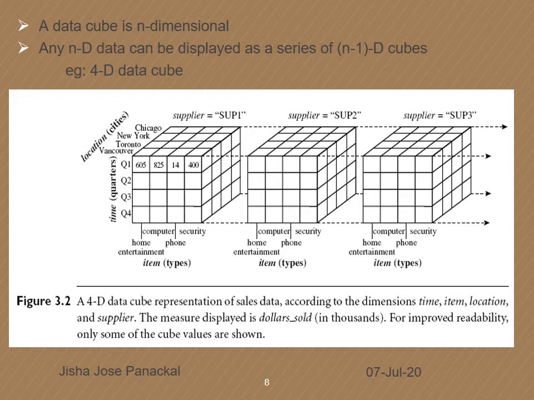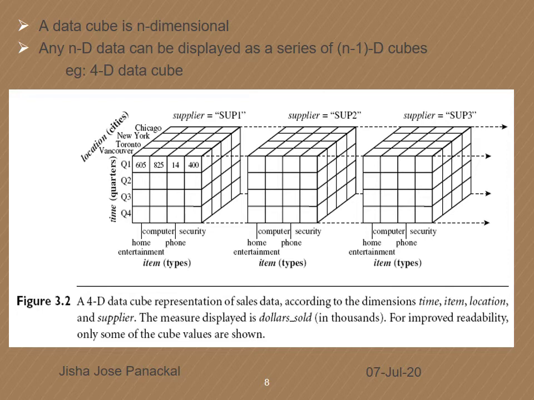For example, we are considering a 4-dimensional data cube, and this 4D data cube can be represented as a series of 3-dimensional data cubes. Here the same example we are extending with an additional dimension called supplier. Here we have supplier 1, supplier 2, supplier 3, and it may be up to supplier n. So we will have n number of 3D data cubes to represent a 4-dimensional data cube.